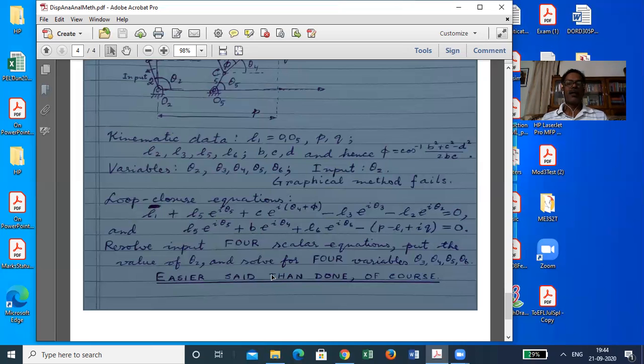Out of the pair of scalar equations, eliminate theta 3. Out of this pair, eliminate theta 6. Then out of the two eliminant equations, one from here and one from here, eliminate theta 4 and get one equation in theta 5 or an equivalent variable, say u5, which is tan theta 5 by 2 or some such thing.